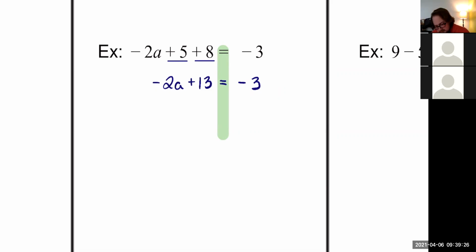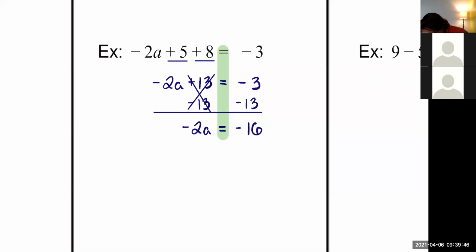So I think Toby, you said subtract 13 from both sides. Yeah. So 13 take away 13 is 0 on the left. Leave me with just a -2a. Bring down my equal sign. -3 take away 13 is a -16.